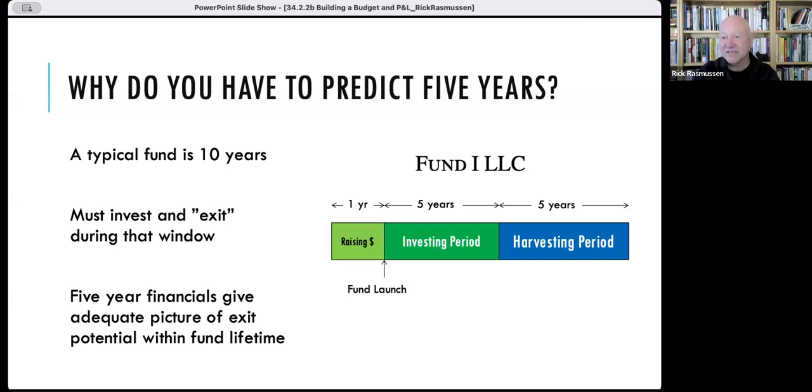Why 5 years? It seems random. It's not. An investment fund, and this is different than angels, but an investment fund, like a venture capitalist, typically lasts for 5 years. And so it took them a year to raise the fund from their limited partners, and they usually have 3 to 5 years to invest, and then the balance of it, 5 to 7 years, to harvest.